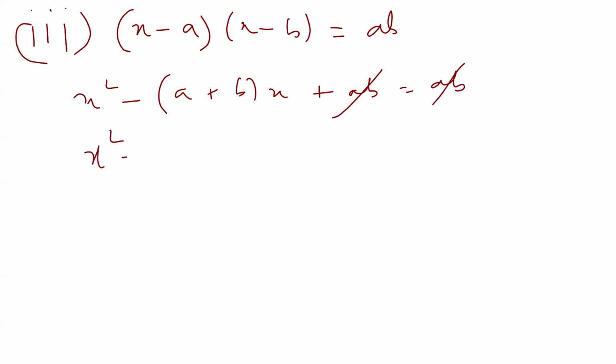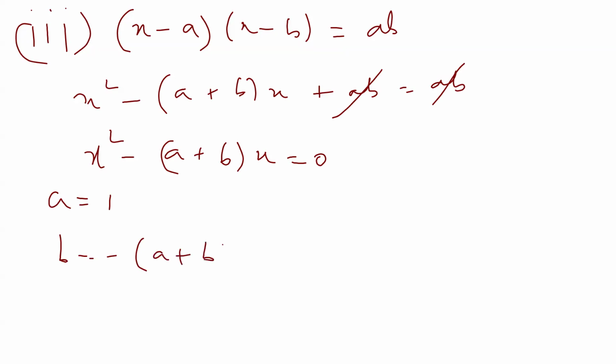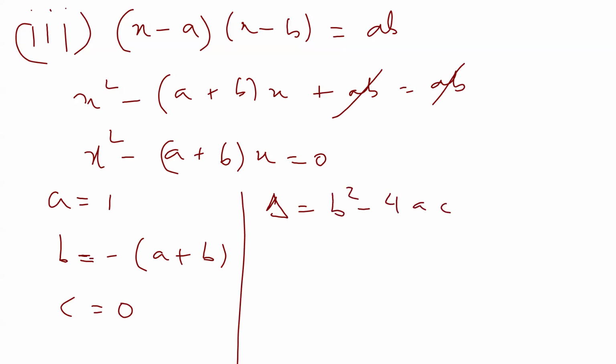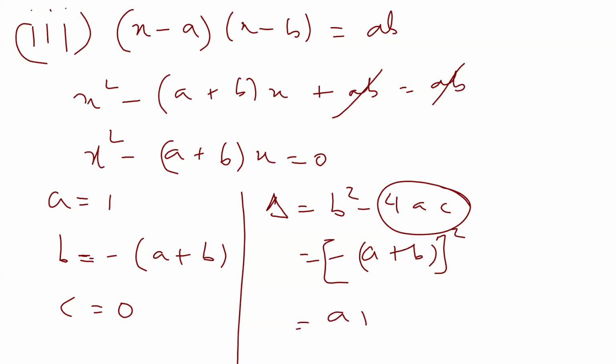So x square minus (a plus b) into x equal to 0. a equal to 1, b equal to minus of (a plus b), and c equal to 0. So delta is b square minus 4ac. So minus (a plus b) the whole square. Now 4ac will be 0 because c is 0. So this is (a plus b) the whole square.